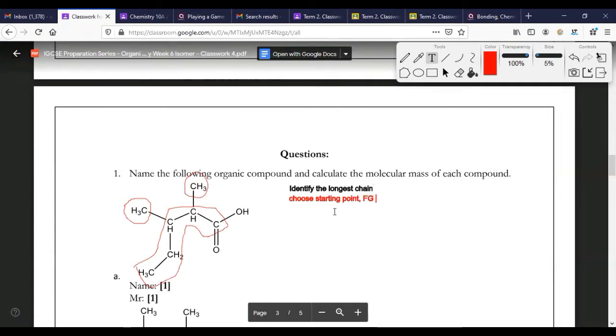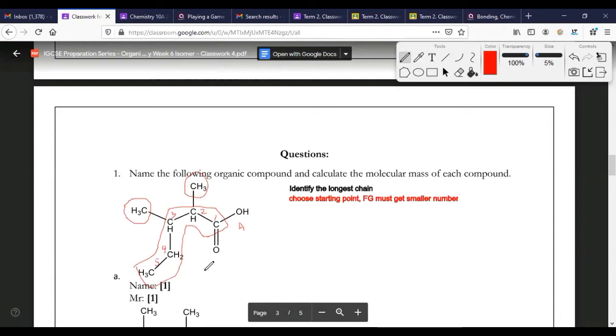Functional group must get the smaller number. So the starting point will be from here, from A. Because if you start from A, this carbon will get number one, and this carbon is the functional group. That's the rule. Number three here, number four, and number five here.